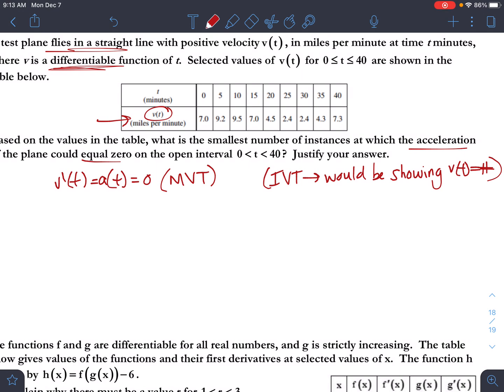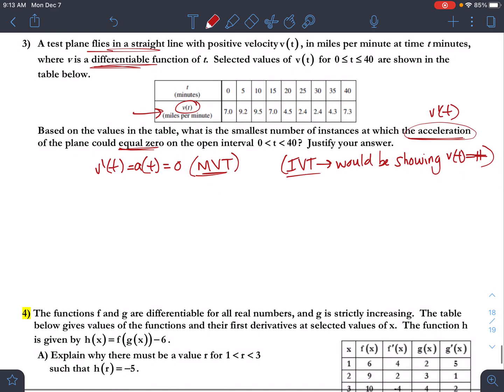Here we're asking, could we guarantee that the derivative of velocity is some value? So that means we're using the mean value theorem. Intermediate value theorem would have said, can we guarantee v of t is 10 at some value of t? So we're going to use the mean value theorem. We checked the 2 conditions already.